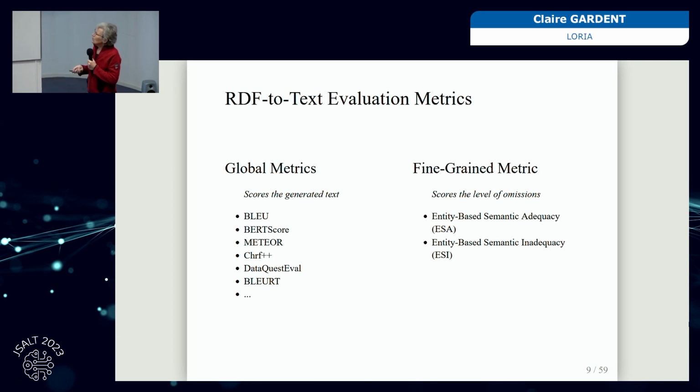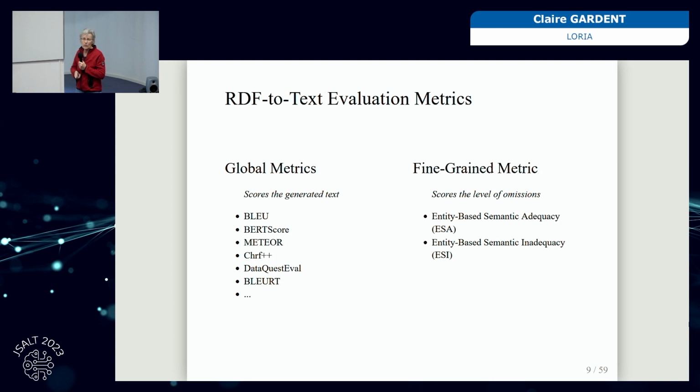So one first thing we do to have a better explanation of how well the model generates text that matches the input, so how good the semantic adequacy of the model is in terms of omission, is to have a fine-grained metric. In conditional generation, we mostly use global metrics, which basically score the quality of the generated text.